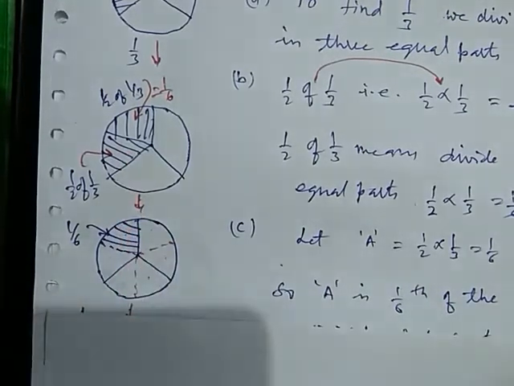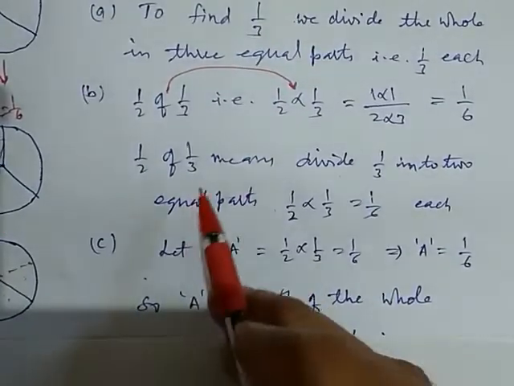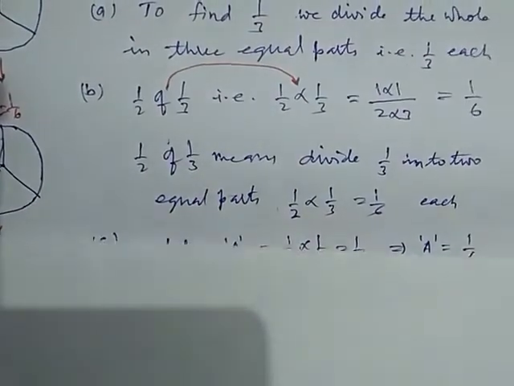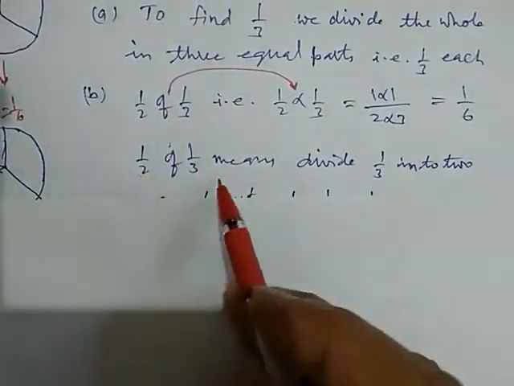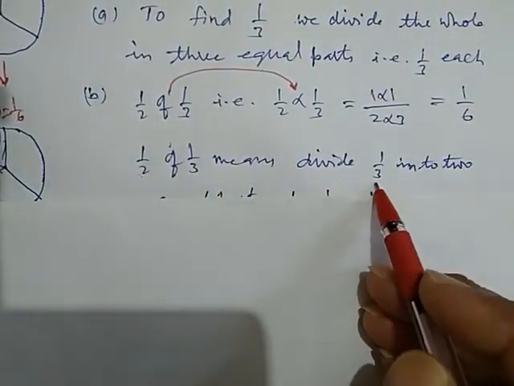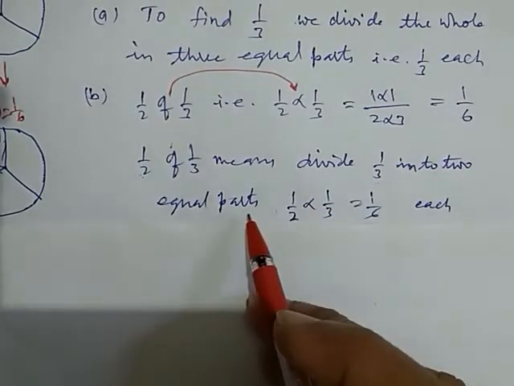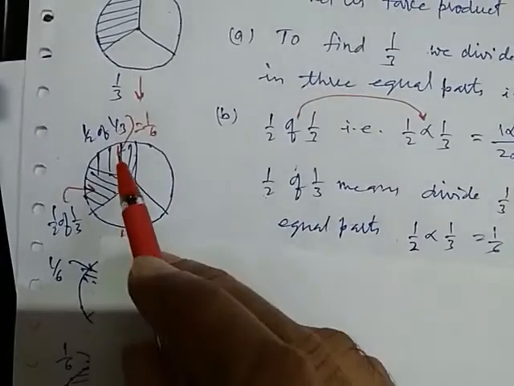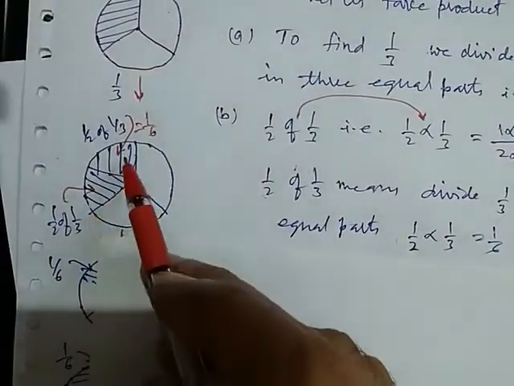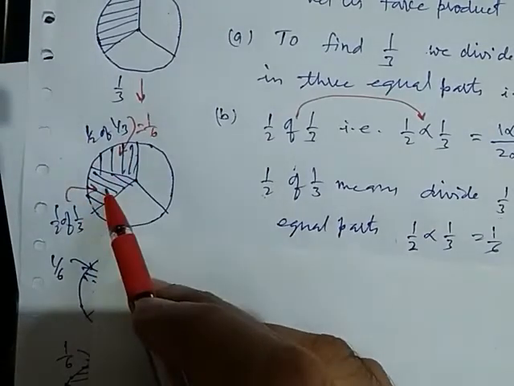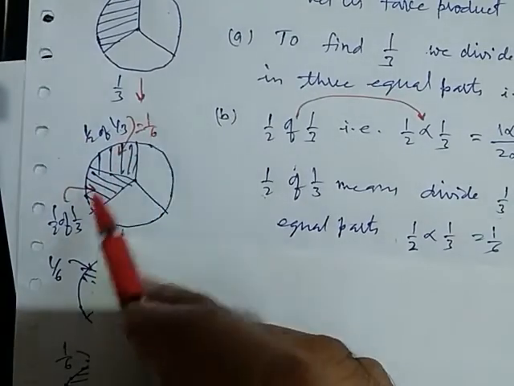Now let us make it clear again. Half of 1/3 means divide 1 by 3 into two equal parts. As here we divide 1 by 3 into 2 equal parts, half of 1 by 3 and half of 1 by 3, that is 1 by 6 and 1 by 6.